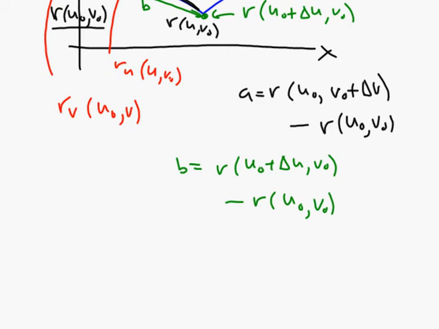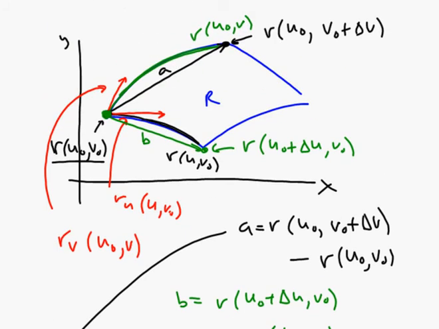So what can we say about this? Well, we're going to make some approximations now. What we can say is that this first vector, let's be careful here, the vector A in the picture, would be well estimated by this partial derivative multiplied by a small change in v.